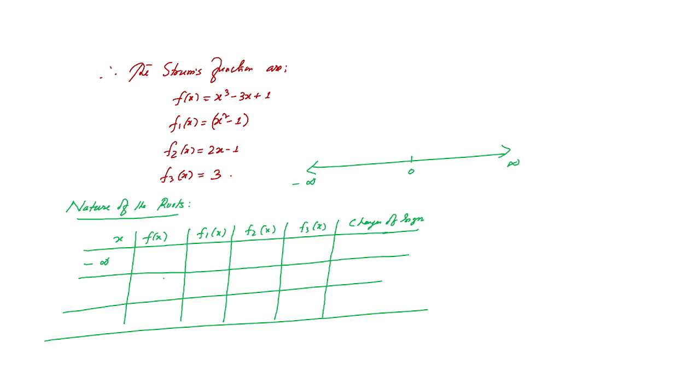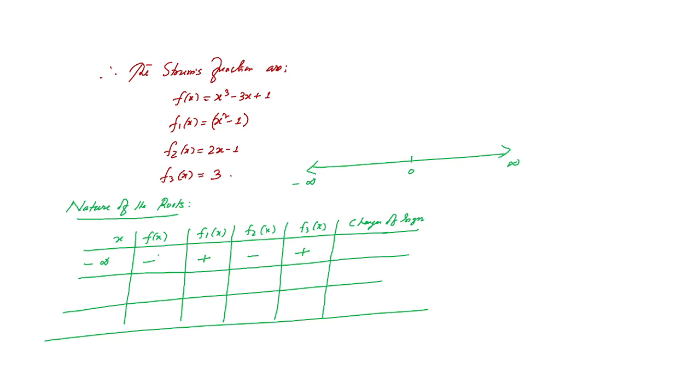If we put minus infinity, what will be the sign of f? That will be negative. f1(x) will be positive because of the square term. f2(x) has odd degree of x, so that will be again negative. And f3(x) will be positive because it is a positive constant.